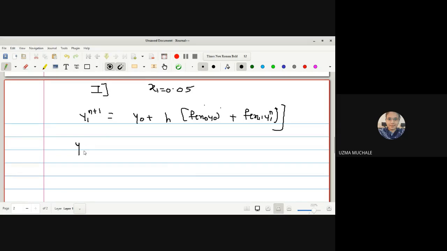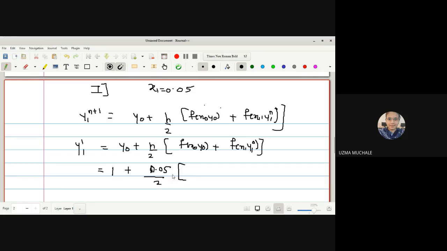After putting n equal to 0, we will get y1 raised to 1 is equal to y naught plus h by 2 times f of x naught y naught plus f of x1 y1 raised to 0. Now let us put in the values. The value of y naught we have found is 1 from the given, and h is 0.05 divided by 2. What is f of x naught y naught?